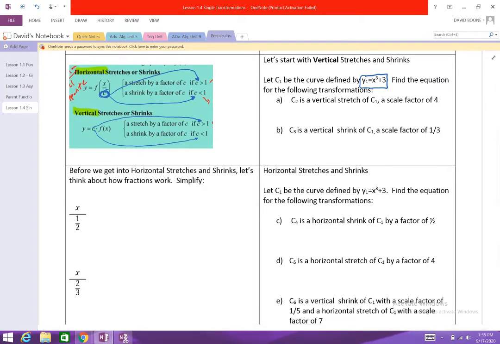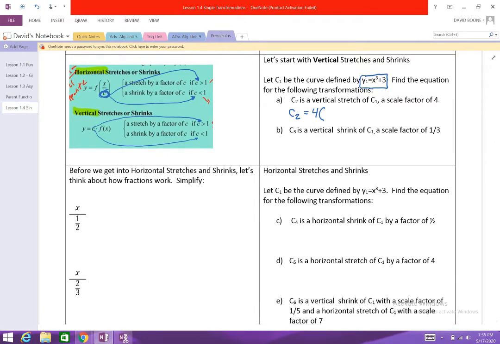If I'm doing a vertical stretch, my c value is greater than 1, it's 4. We're just basically putting that number out in front of the function. So for my C2 equation, because I want to stretch it, I'm going to put a 4 out front of that f of x.